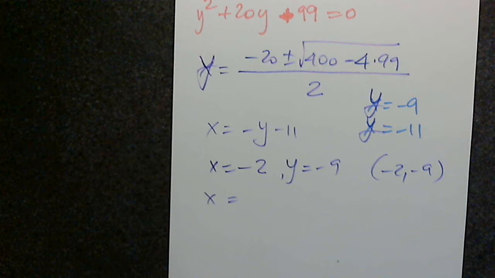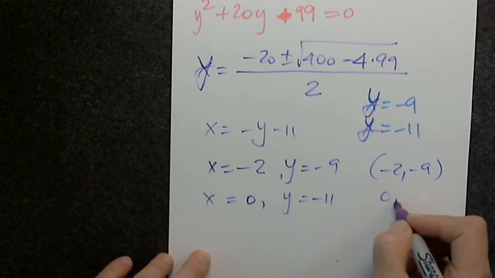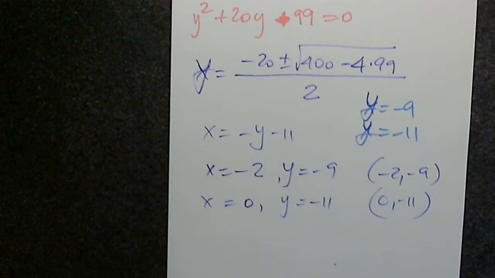So we have negative 11. So positive 11, so that will be 0. When y equals negative 11, so 0, negative 11. And you can always go back and plug it in and check, of course. And I would always do it.